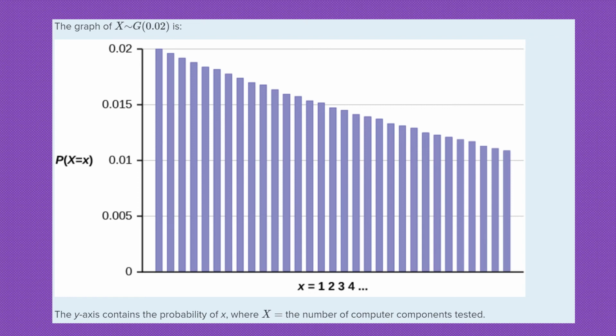So when x is 1, you get the probability, x is 2, you get the probability, like that. You can go on and find the probabilities where p is 0.02. So we have not only calculated when x is equal to 7, you've got the values when x is equal to 1, 2, 3, etc. and it goes on. So the exponential curve looks like that. Sorry, the geometric curve looks like this.